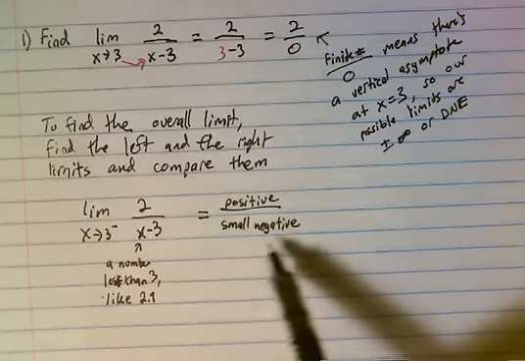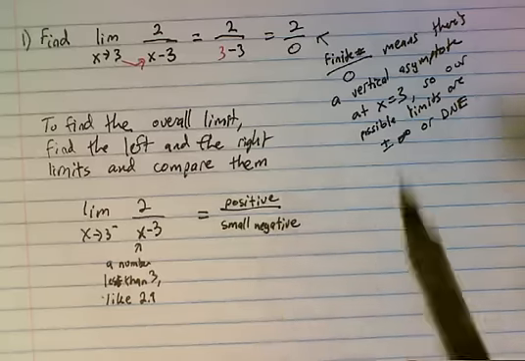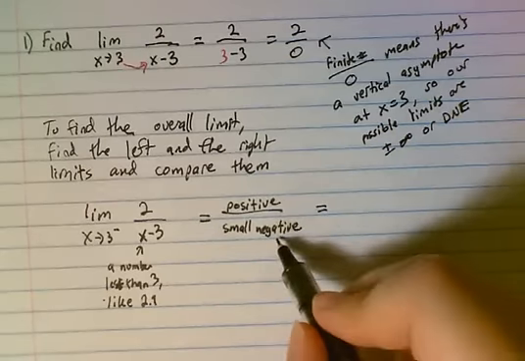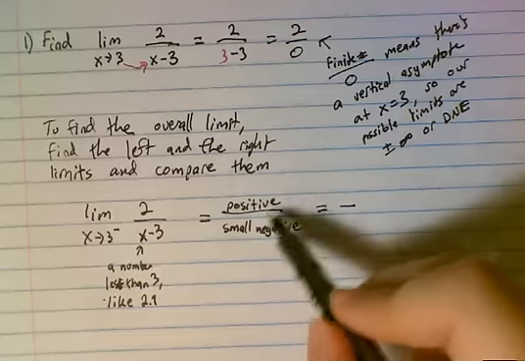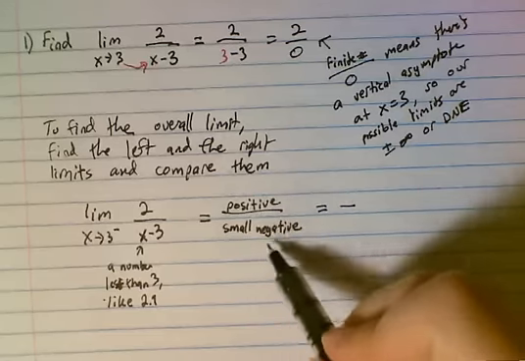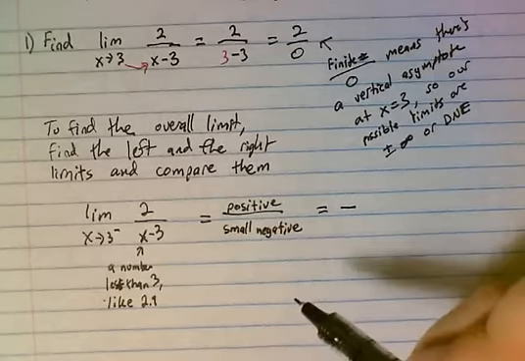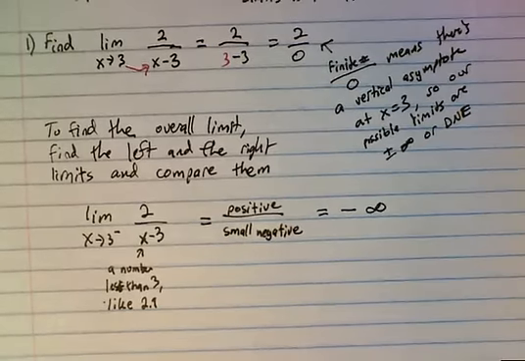So no matter how small this denominator gets, it's still going to be negative. A positive number divided by a small negative number is going to be negative, and just like what I was showing on the calculator, it's going to end up being a very large negative number, negative infinity.